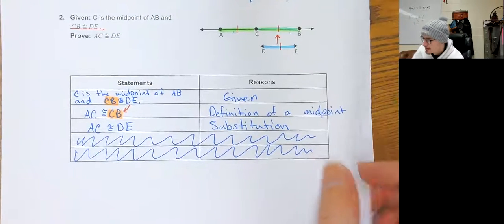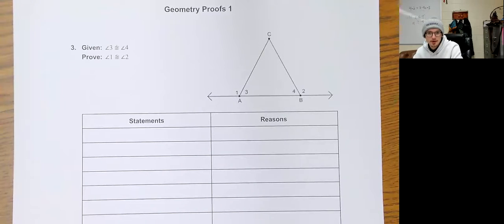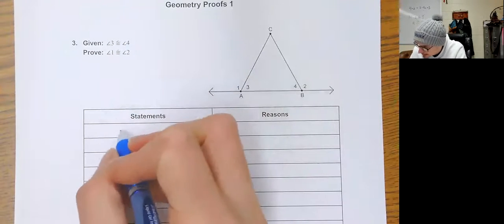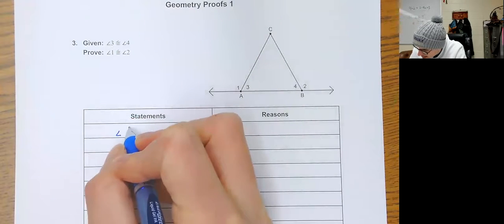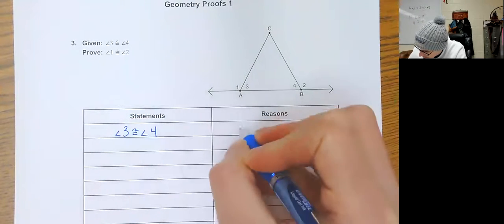Okay. Let's keep going. This one's kind of a long one. I don't know if there's a shorter way to do it, but the way I would do this is, first off, I would start off with the angle. Angle 3 is congruent to angle 4, given.